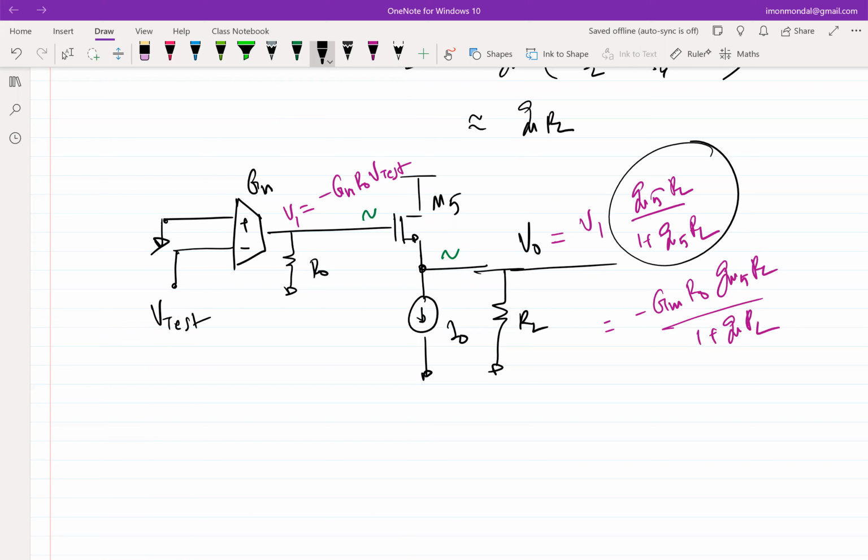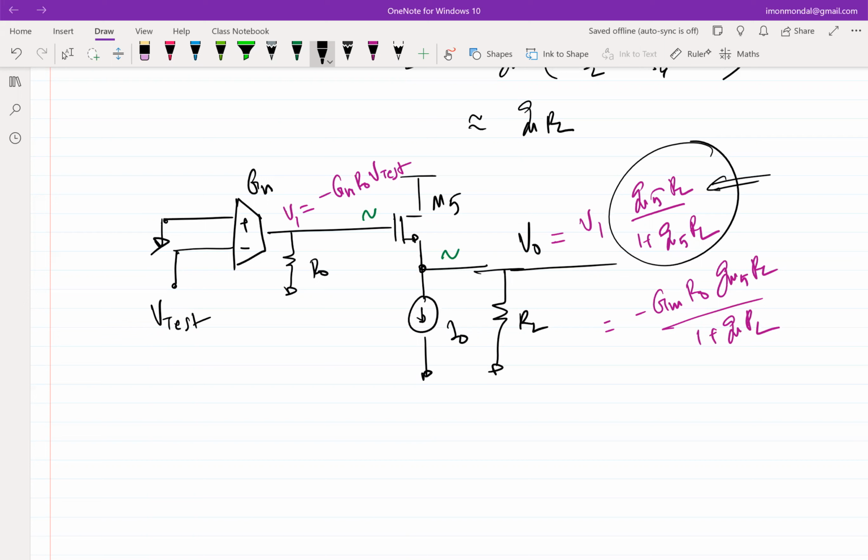Correct, but yes, you are right. The good thing about this architecture is this need not be very large, because let's assume you have not been able to make the gain of the second stage proportional to RL.